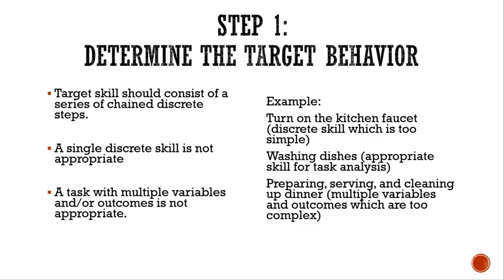So you need to make sure that you are choosing an appropriate skill for task analysis, not a simple discrete skill such as turning on the faucet, and not one that has too many variables in it, such as preparing, serving, and cleaning up dinner. So the appropriate target there would be washing dishes. That would be an appropriate target behavior for task analysis.